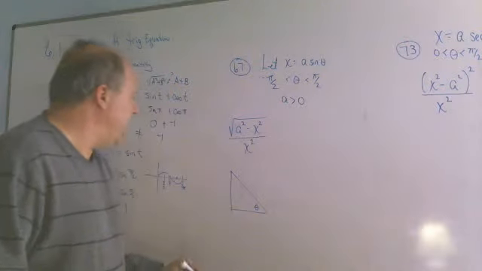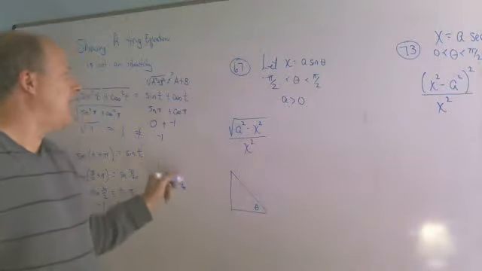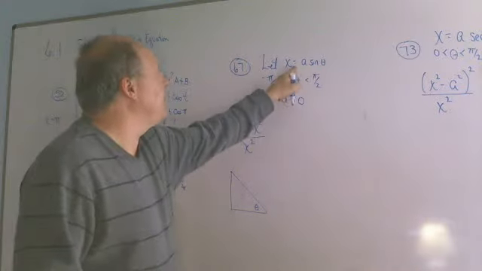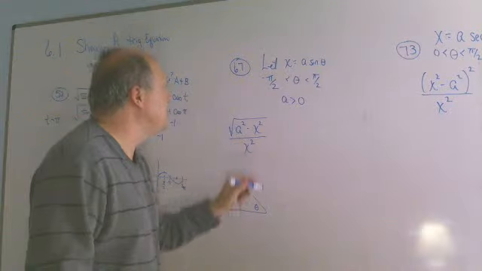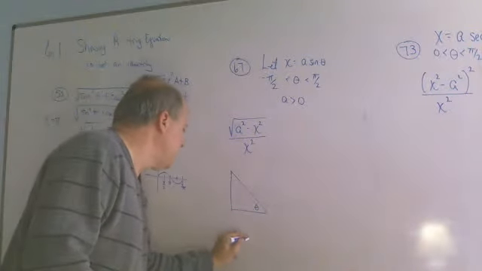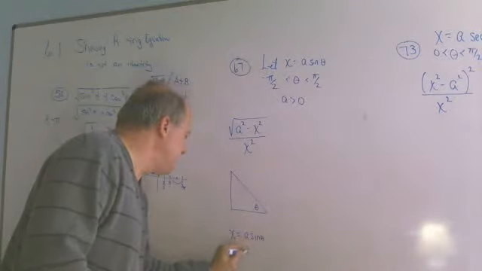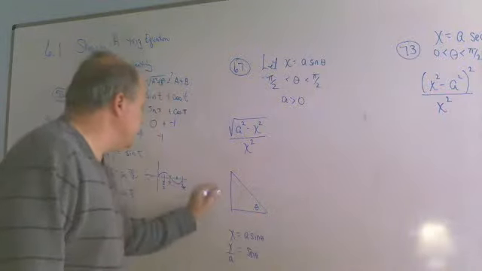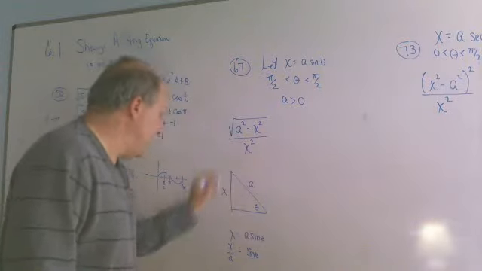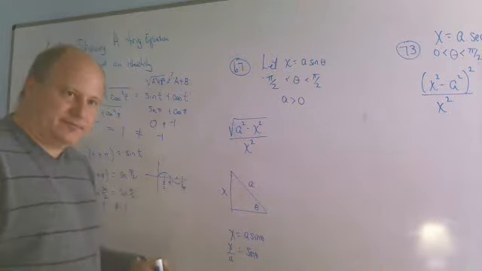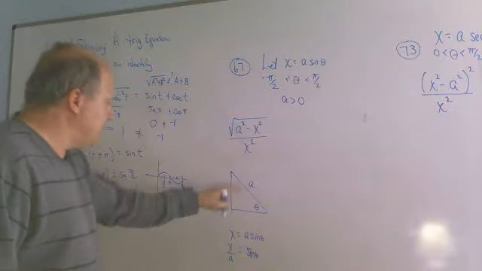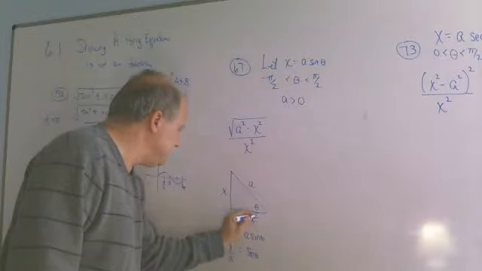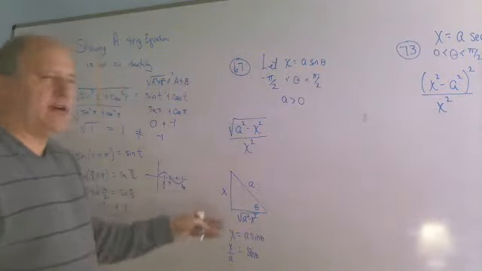Here's theta, and if x equals a times the sine of theta in this particular problem, that means sine of theta equals x over a, which means this side is x and this is a, because it's the opposite over hypotenuse. Then this becomes, by the Pythagorean theorem, the square root of a squared minus x squared. So that's what's going on.